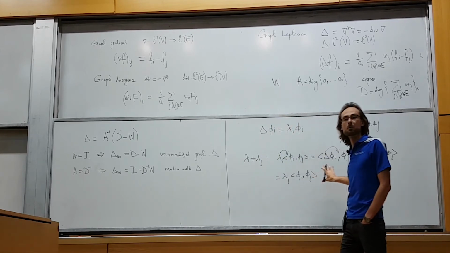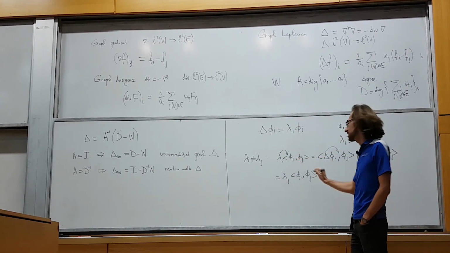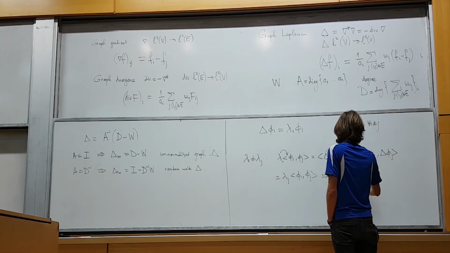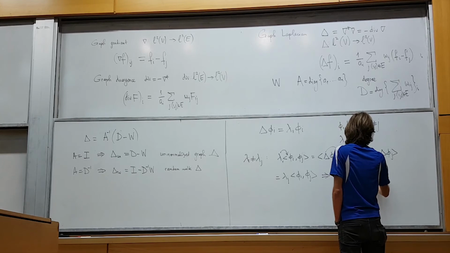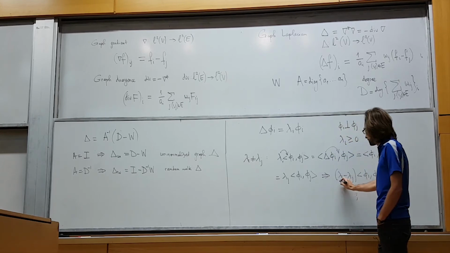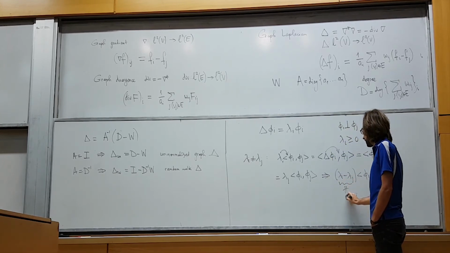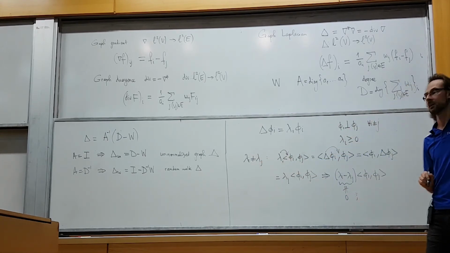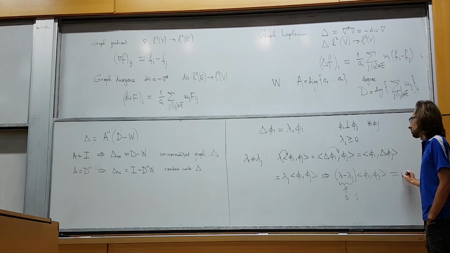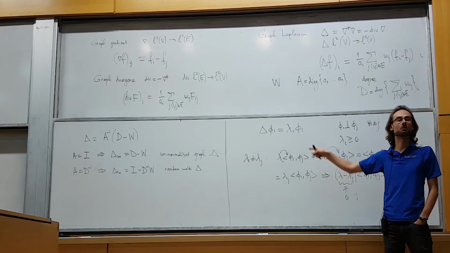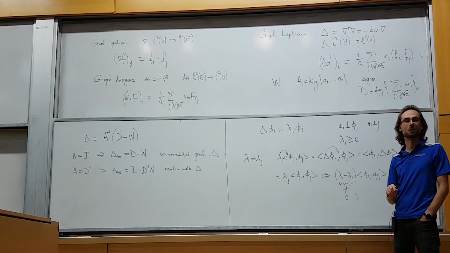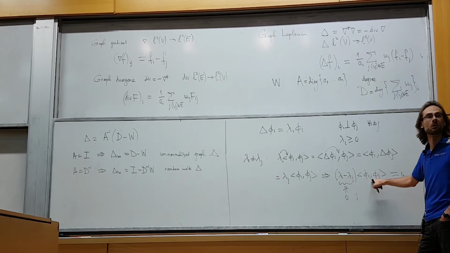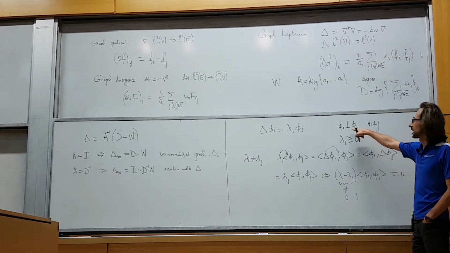Let me subtract the right hand side from the left hand side, and I'm getting lambda i minus lambda j times the inner product of phi i and phi j. This quantity is non-zero because I told you that I have two different eigenvalues. And this has to be equal to 0, of course, because I subtracted the right hand side from the left hand side. So the only way this can be 0 is if the inner product is 0, which is exactly what I wanted to show.